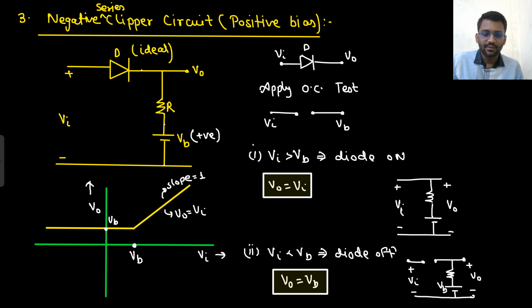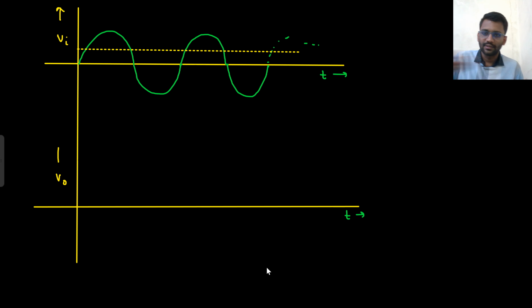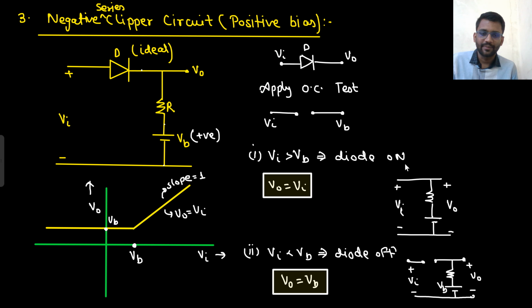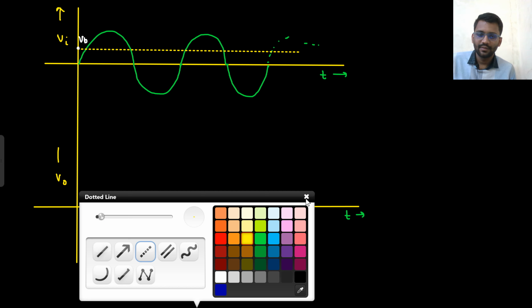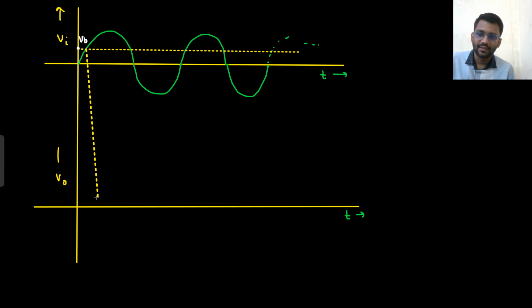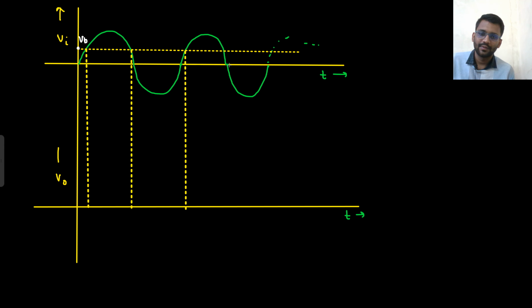Well and good. Okay. Let's draw it on a circuit. So what was the point where everything was happening? That was VB. So this point is VB. For everything less than VB, this point, this point, this point.